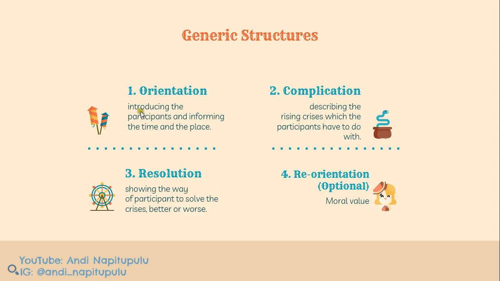Okay, next. Complication. From the name, we know it's complication. Complication means it's a little bit complicated. Complication here describes your crisis story. It means the problem, the climax. We can take an example from Cinderella. In the Cinderella story, there is a problem that her stepmom really hates her so much, right?